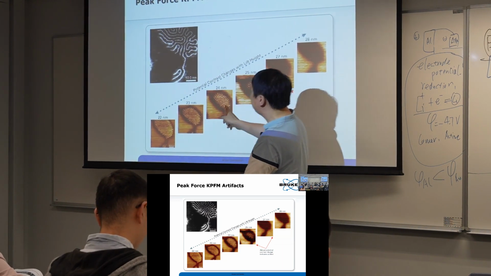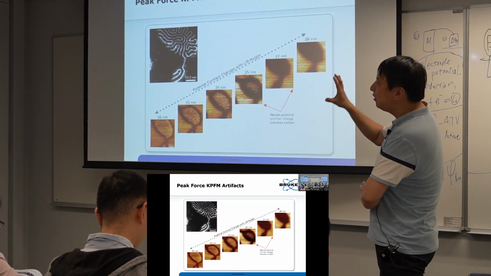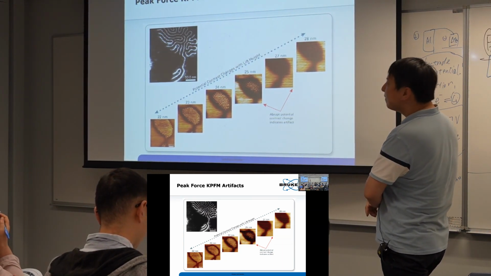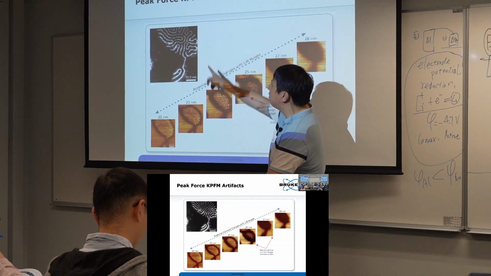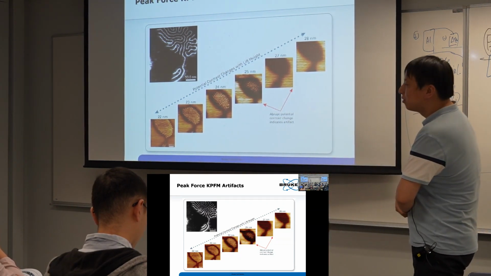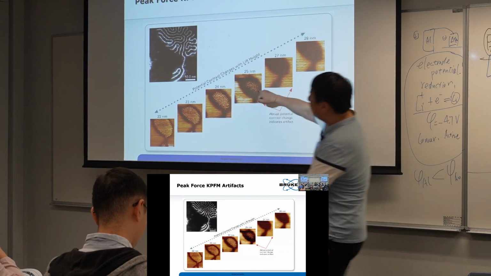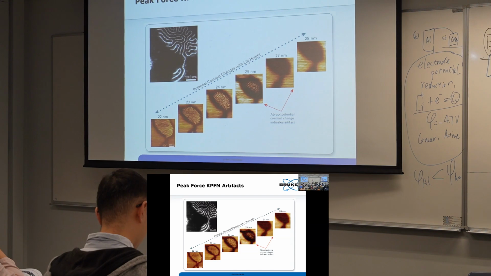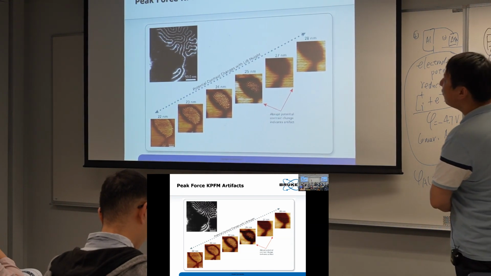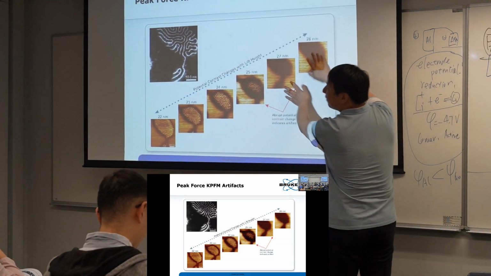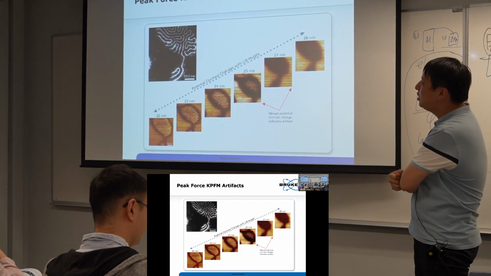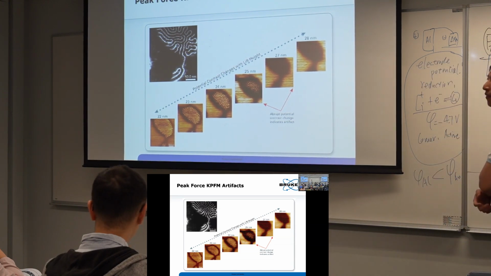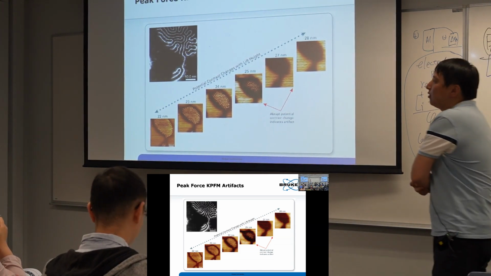But again, we don't think these details reflect the charge distribution. These details are all from atomic force. So we think those things are artifacts. We want our KPFM to show only the charge distribution or the Fermi level distribution. It should not tell us the morphology.